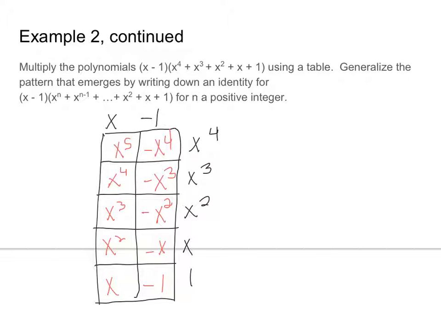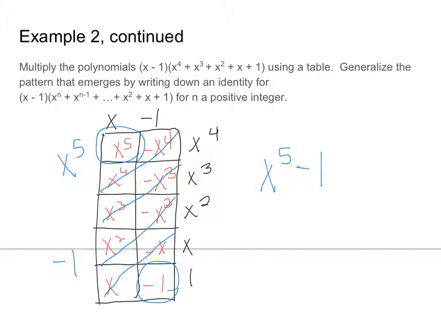All right, if you look at this, you'll see the pattern where I have x to the fifth, x to the fourth cancel, x to the third cancel, x squared, x to the first, and minus 1. That's my answer. Okay, I'm going to go back to the previous slide.